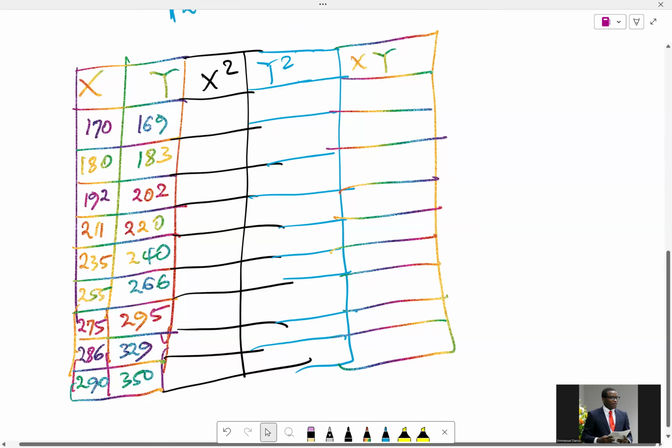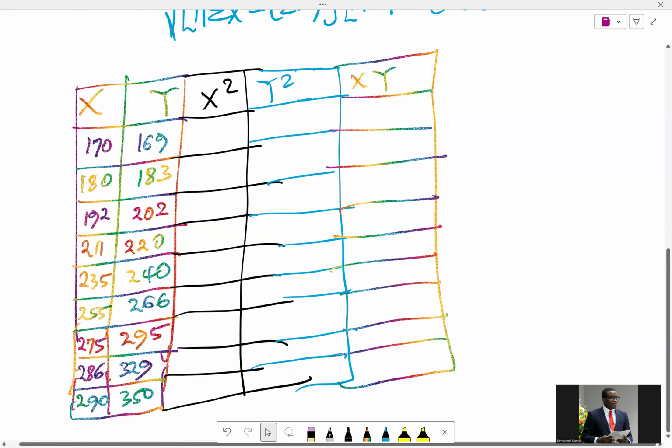All right, so X squared. We want to square each value of X, so you have to make sure you confirm right, so nothing goes wrong. We have 170 raised to power 2, that is 28900.